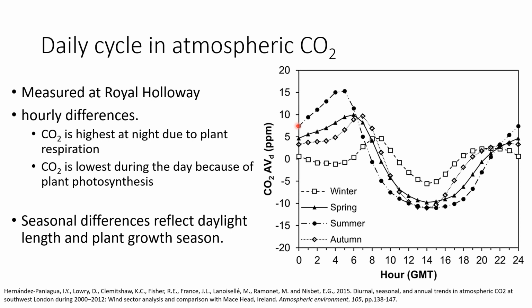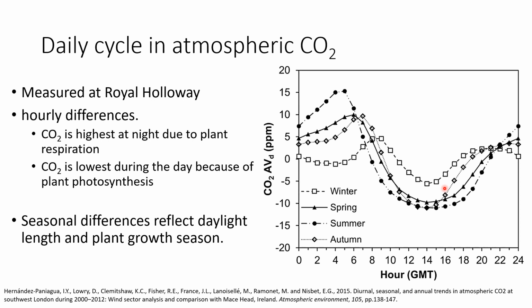And hopefully you can see there's an increase in carbon dioxide in the atmosphere until about 4, 5, 6 in the morning. Then it starts to fall. It reaches its lowest value by about 2 or 3 in the afternoon, and then it starts to rise back up again until it goes back to midnight again. So we see this signal of high CO2 in the atmosphere overnight and low CO2 in the atmosphere, relatively speaking, during the day.